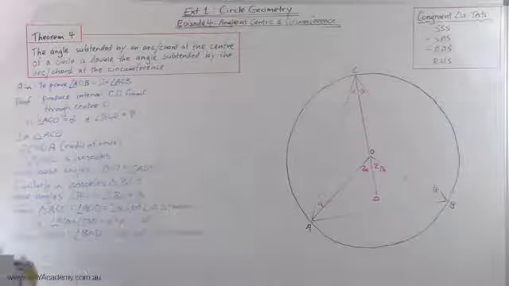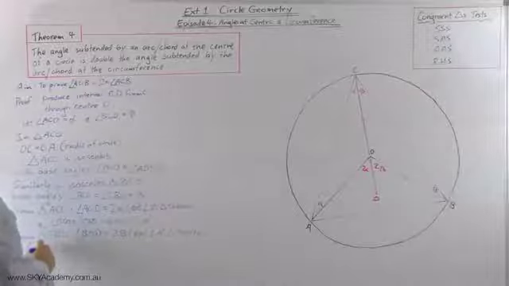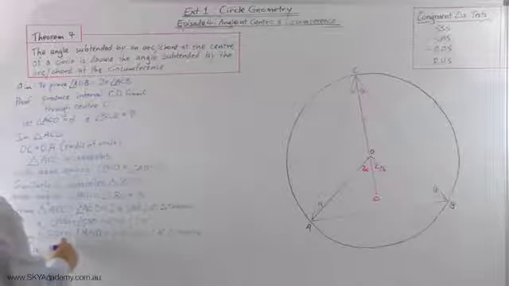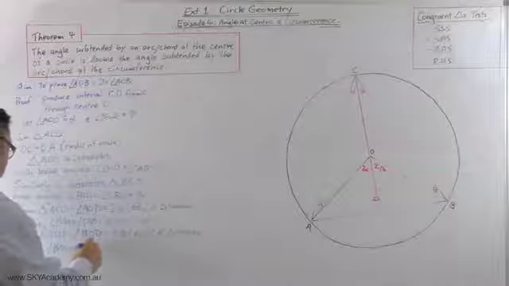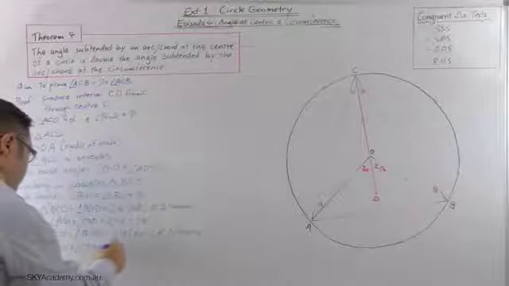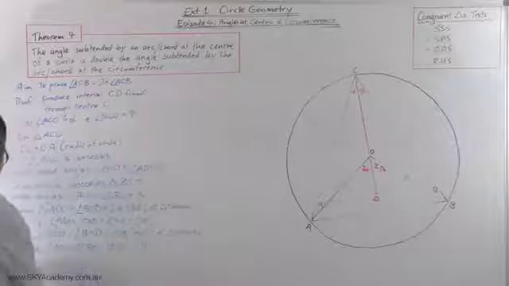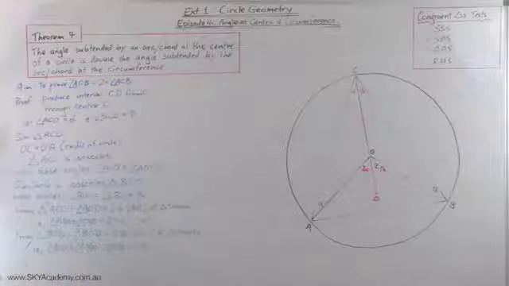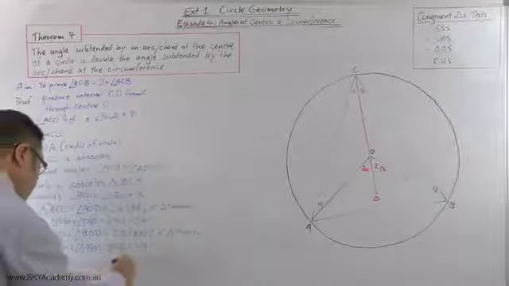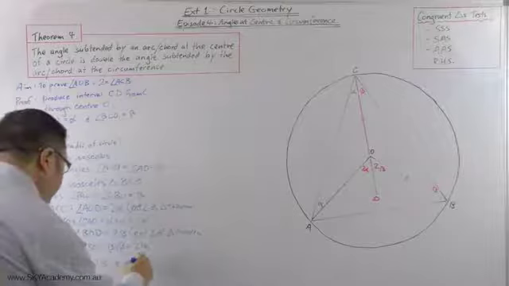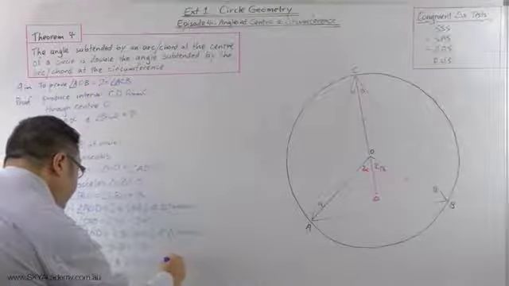Okay, and that's because angle BCO plus angle CBO equals beta plus beta. Therefore, angle AOB equals 2 alpha plus 2 beta, and angle ACB equals alpha plus beta.